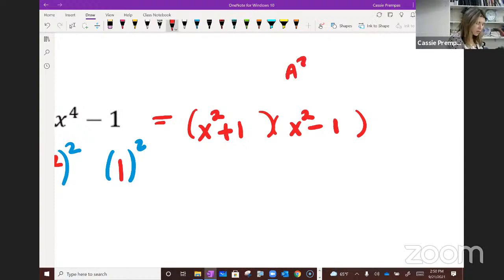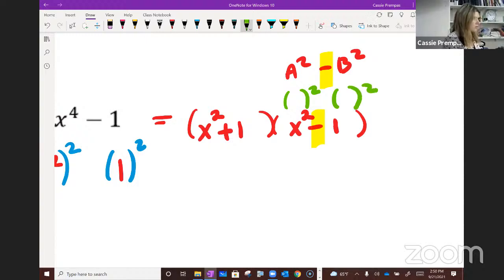If I think about a squared minus b squared, they have the minus, and they're both squares. It's just kind of strategic in how you have to see it. What value squared would give you x squared? X. What value squared would give you 1? 1. So this does actually still match the rule, which means I still have to factor it further.